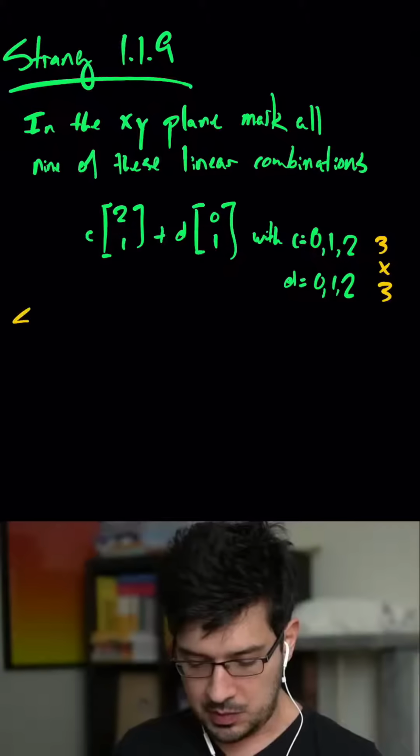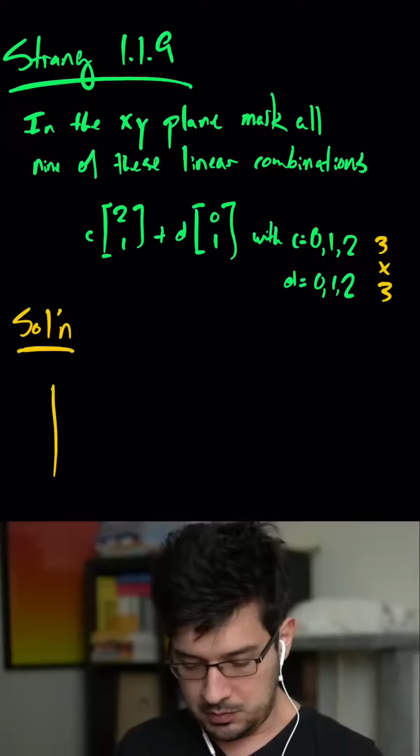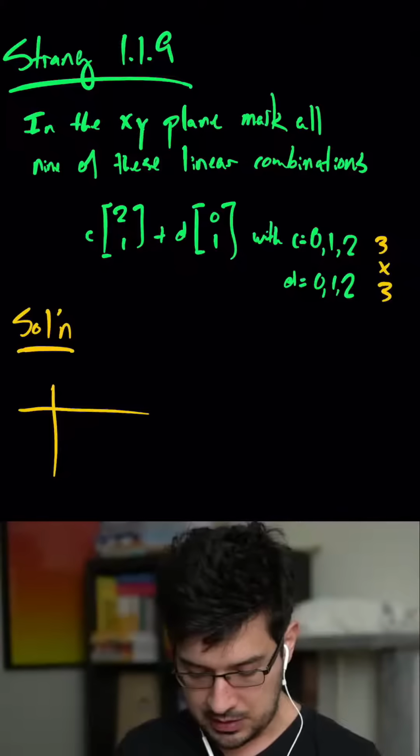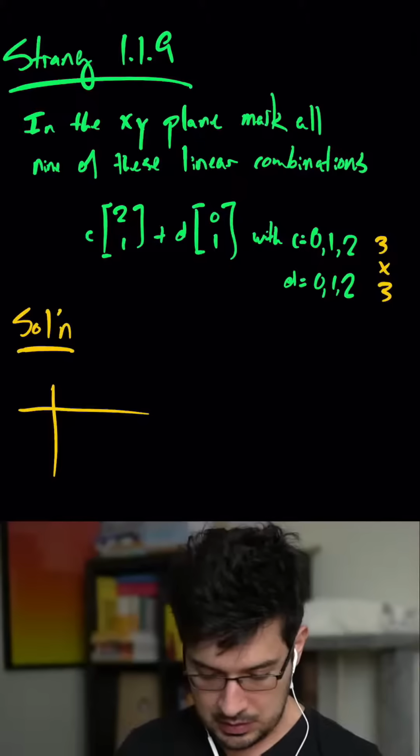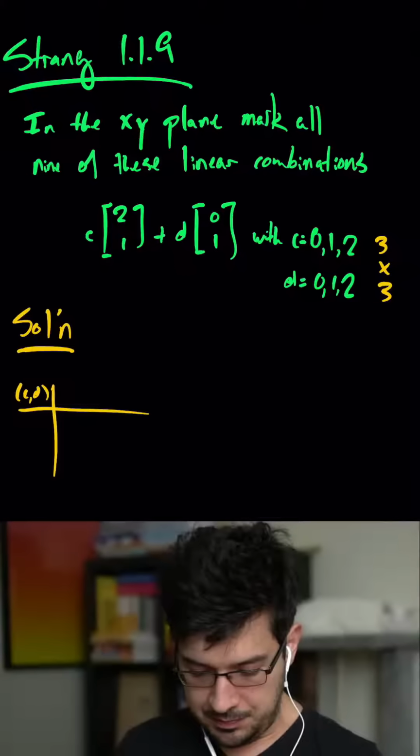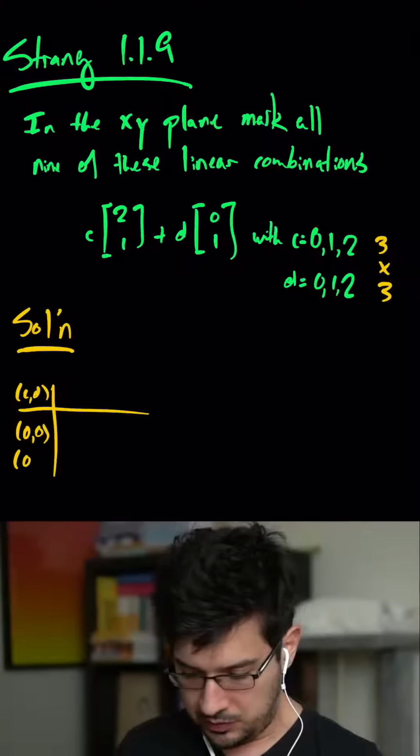Let's switch to yellow. Why not? Solution. I'm going to just create a table. Why don't we do C comma D, and let's just list them all. 0, 0, 0, 1, 0, 2.